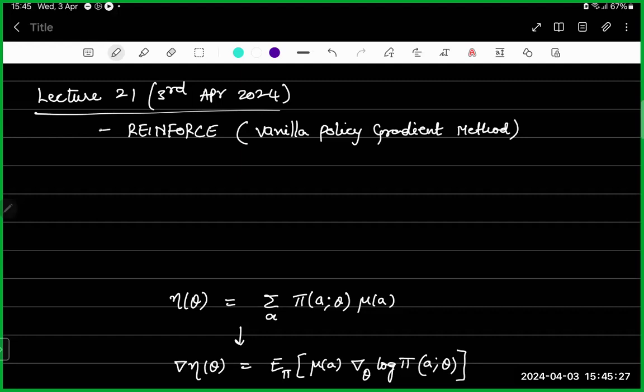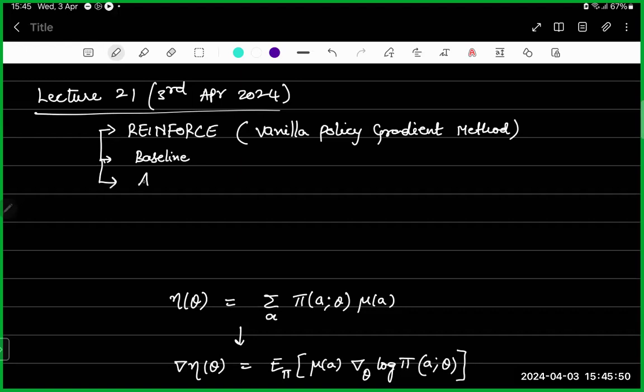In this lecture, we'll see a couple of variants of it. One variant is called having a baseline. There is a variant which is called the baseline based policy gradient method, where we'll see what exactly that is, but that is one thing which we'll cover.